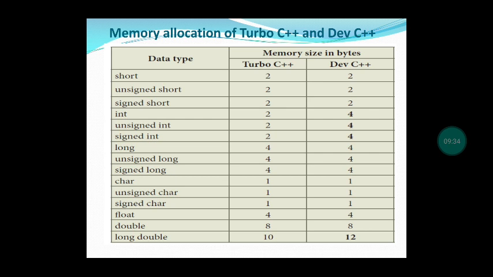And for double, both Turbo C++ and Dev C++ memory sizes are 8. And for long double, Turbo C++ is 10 and Dev is 12. So the data types have been classified according to memory size for Turbo and Dev. It has some differences in some data types.